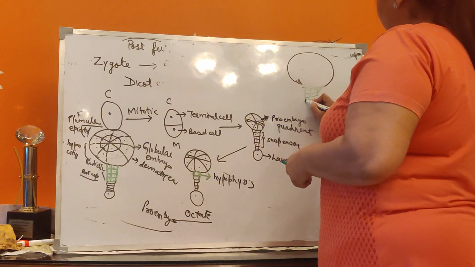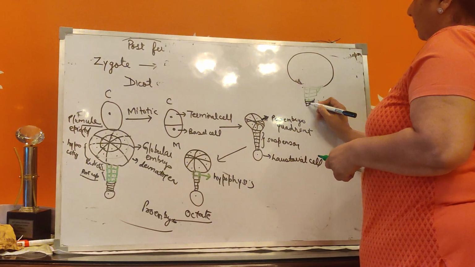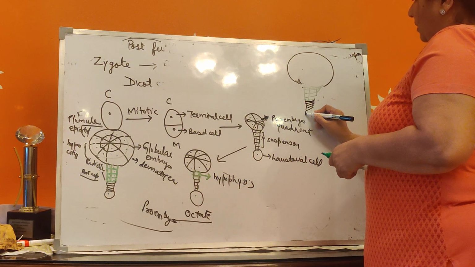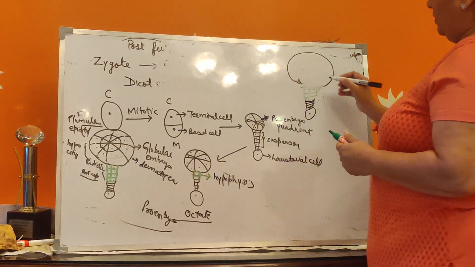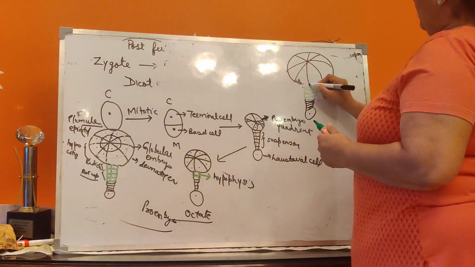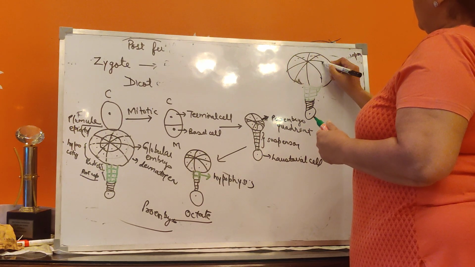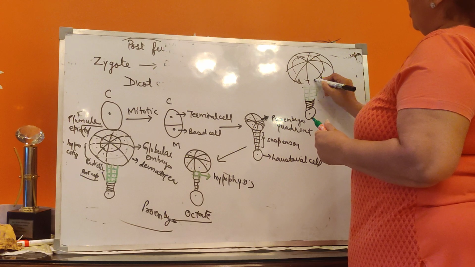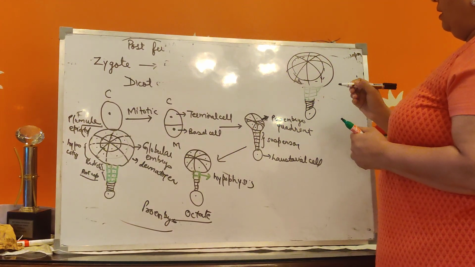This is what? Suspensor. And this is what? Hostorium. And this is what? Again 18 celled structure. It is like this.